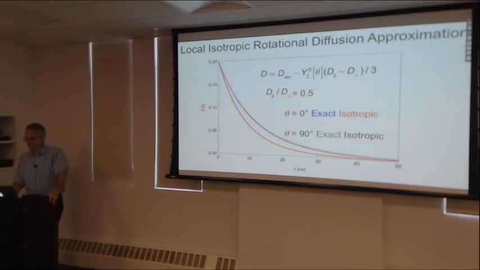Raphael showed that if you had a moderate degree of anisotropy in the diffusion tensor, then you could treat the problem as if each spin behaved isotropically. But the isotropic correlation time you would measure would be a function of the angles that the local bond vector made with the diffusion tensor. And he showed that there was a very simple way of solving for the diffusion tensor with that approximation.